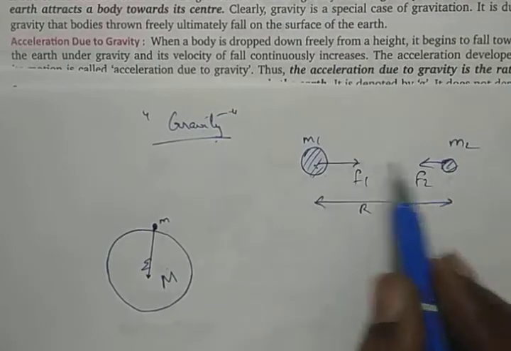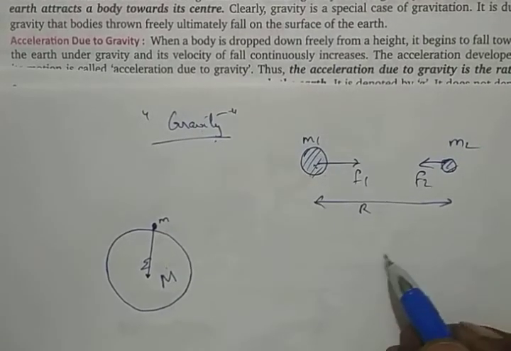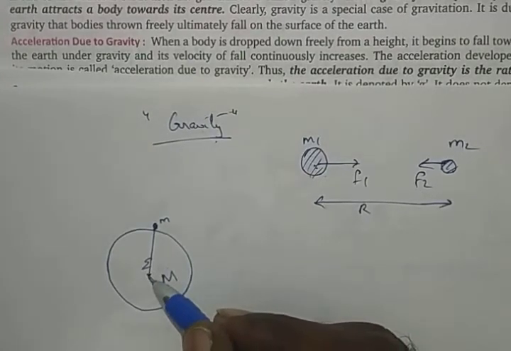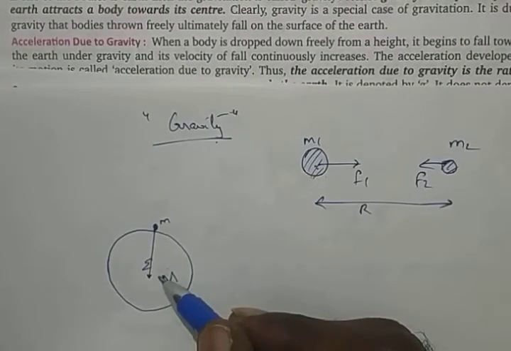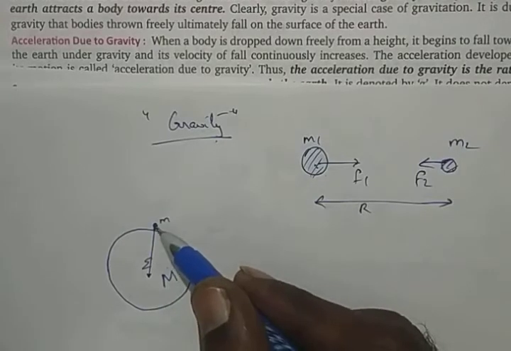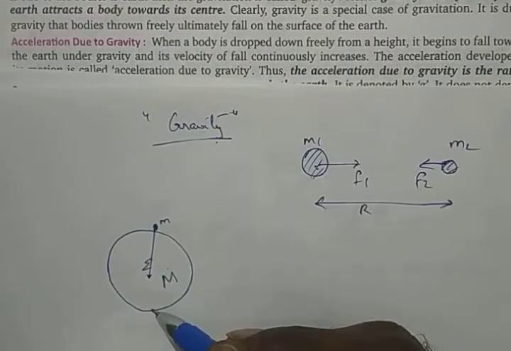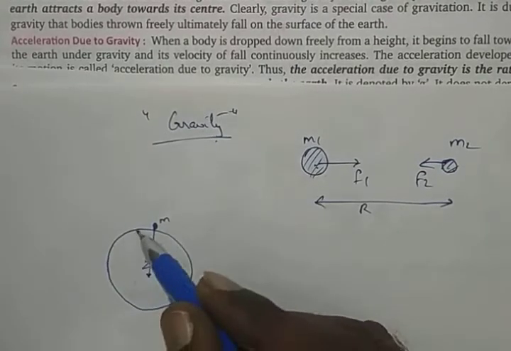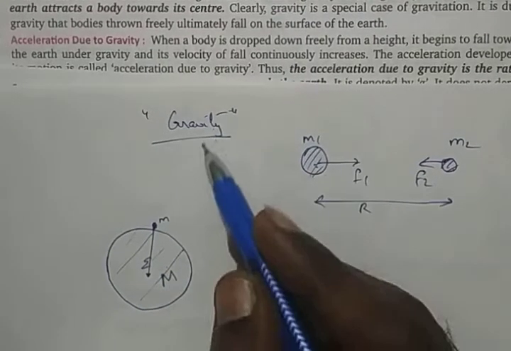This is Newton's universal law. This small body will have a force with the big body, because the big body will try to pull it with an attraction. That force of attraction towards the center of a planet is called gravity.